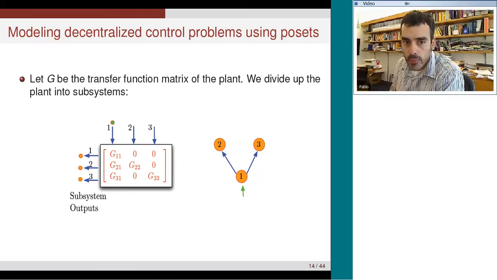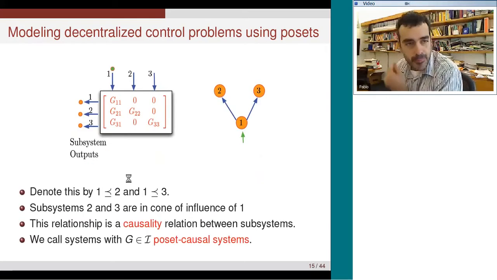But if I were to put an input only on subsystem 3, then I will only see it in subsystem 3, right? So there's a direct relationship between the graph that you're writing here and the structure of this matrix. In a way, it's fairly natural to model it this way.